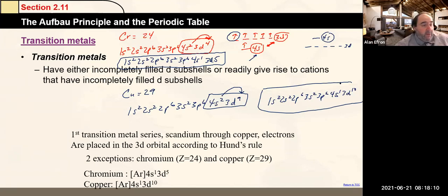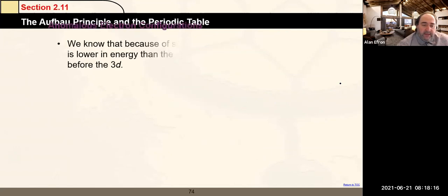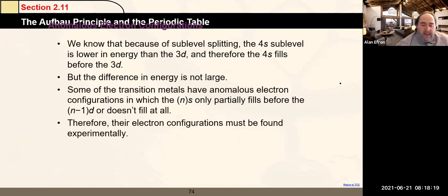In fact, there's even one where there are no electrons left in the s orbital. They've all been promoted up to the d orbitals. And again, as we talked about, the reason it's able to happen and is not such a big deal is because they're very, very close in energy. So it doesn't take a lot for those electrons to get themselves up there in terms of higher energy and lower energy.